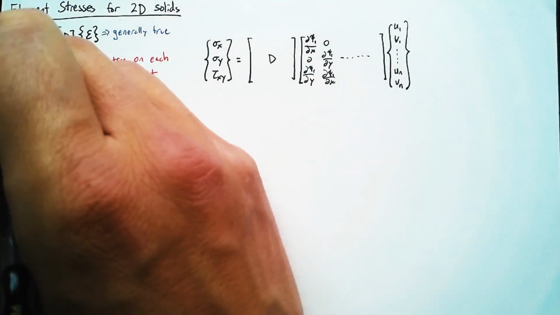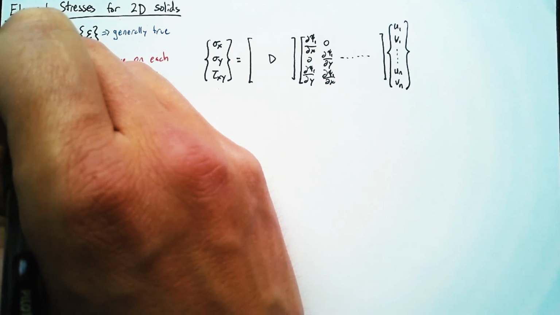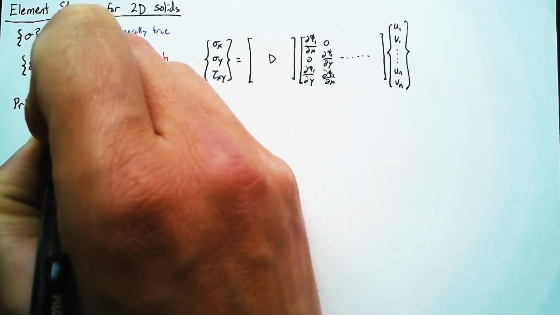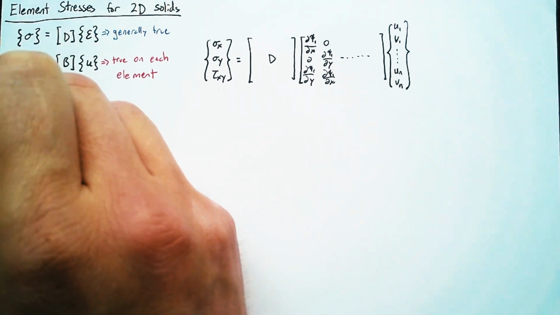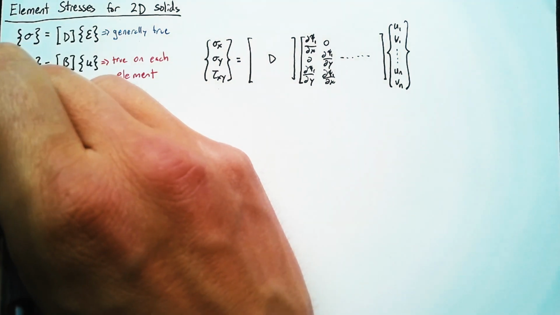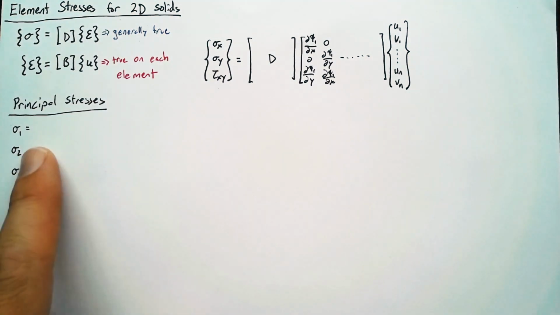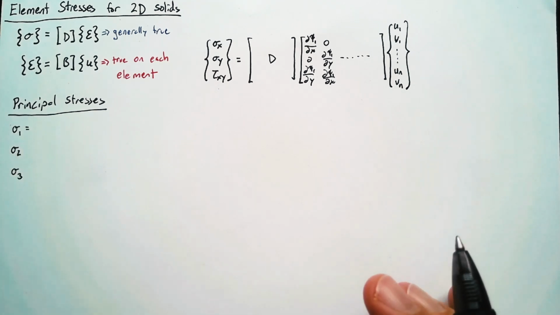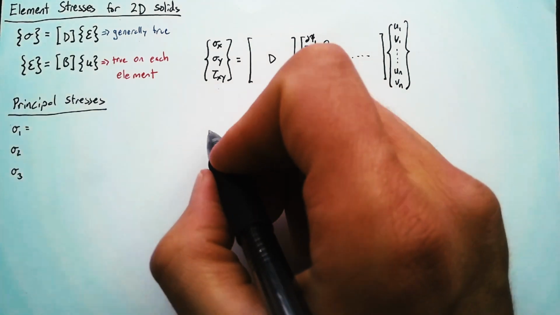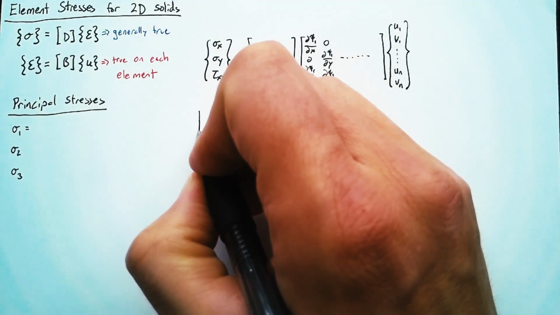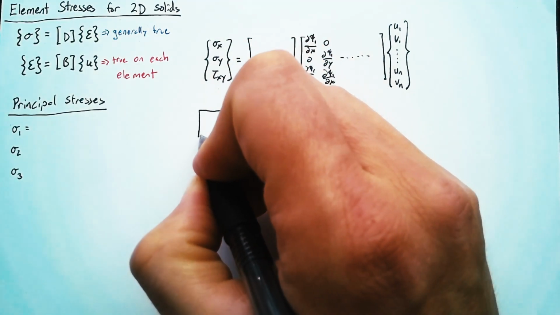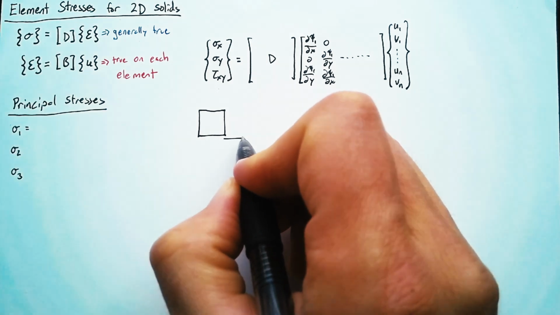Now, these stresses by themselves are not typically useful for determining failure of an element. So in order to look at that, we're going to first look at something called the principal stresses. And there are going to be three of these. So sigma 1 is typically the maximum normal stress that we could have. And what I mean by that is we typically think of things in purely the x, y direction, right?